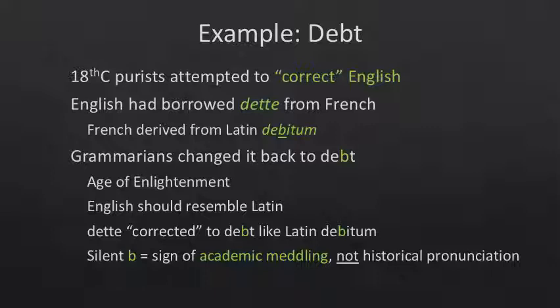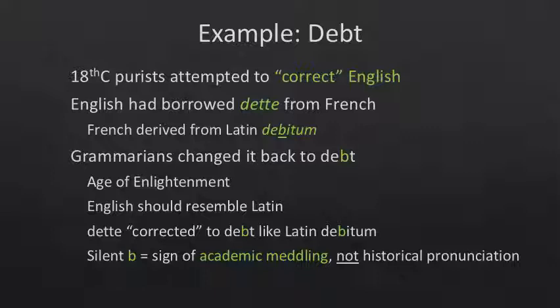And we have a situation where people had noticed this irregularity in English spelling, and they were trying to fix it. People who were basically English professors, basically professors of language, though they weren't really English professors yet. They were trying to correct English because they noticed the problem. It doesn't line up with rational principles.